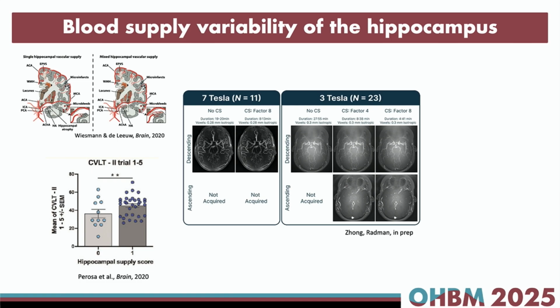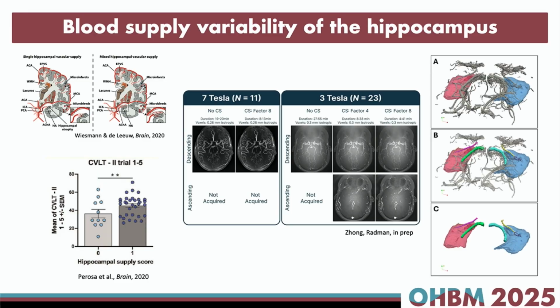So I have a collaboration with University College London with Martina Callahan and Emma Zilles, where we're scanning some of the same individuals at 7 Tesla and 3 Tesla and characterizing the blood supply to their hippocampus. And so one of my graduate students, as well as a graduate student working with Jean Chen, is working on manually delineating the PCA as well as the ACA in all these individuals.